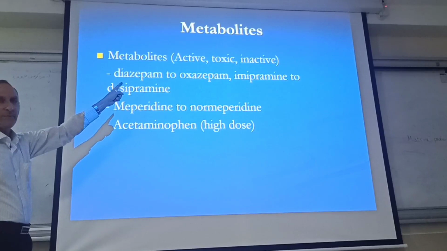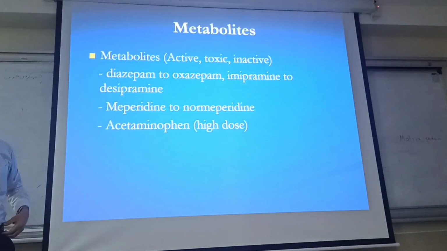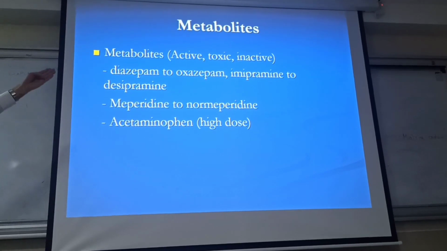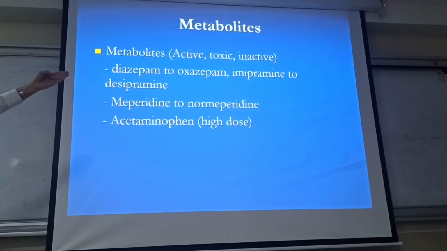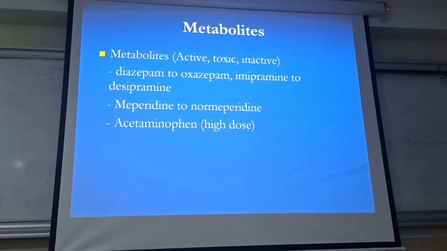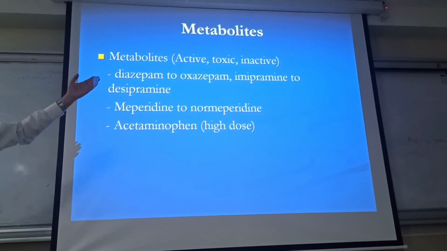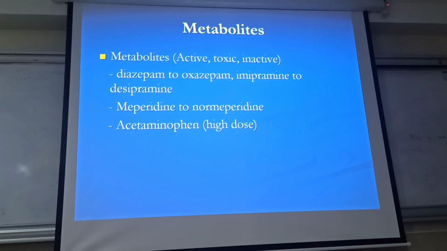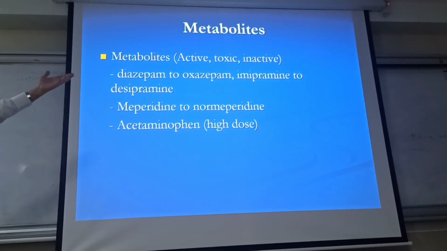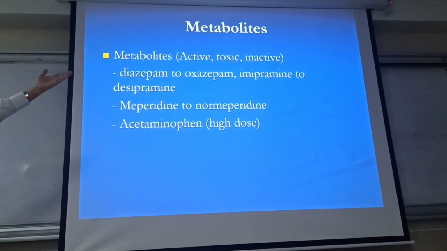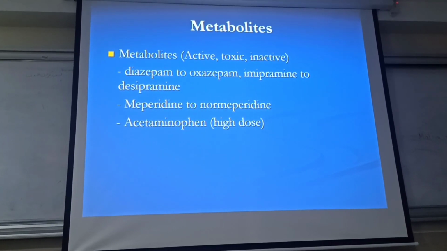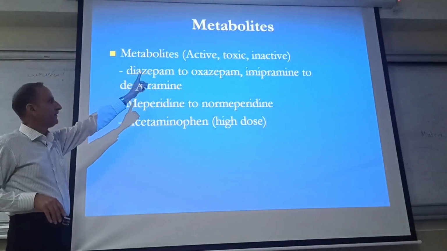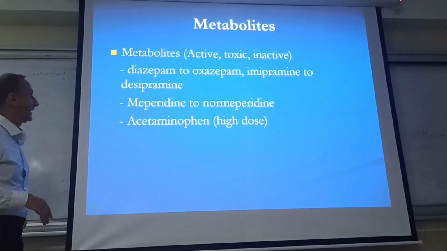Metabolites may be active, may have biological activity, may be toxic. In some cases, metabolites are toxic. And if we have no toxicity, no biological activity, we say inactive. So for all drugs, we have active, toxic, or inactive.